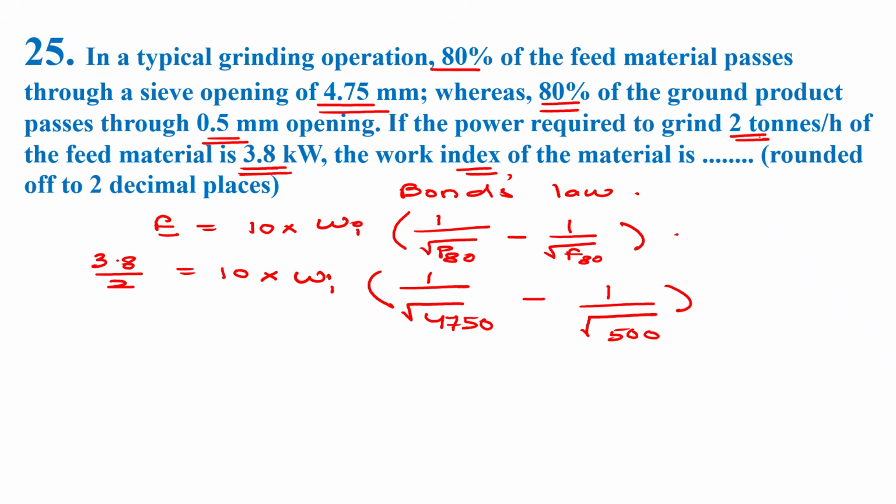So we'll just calculate and we'll get Wi as 6.29 kilowatt hour per ton. So this will be our correct answer.